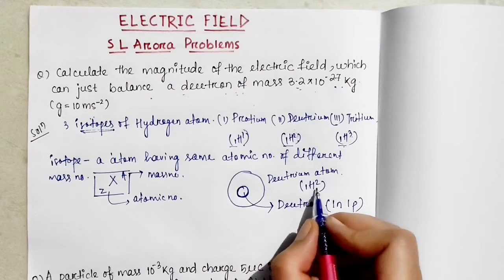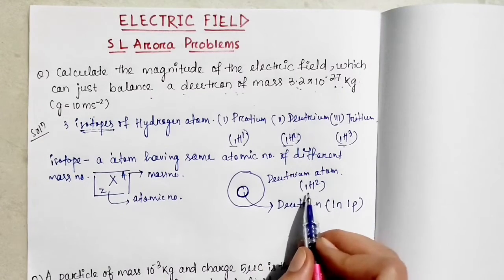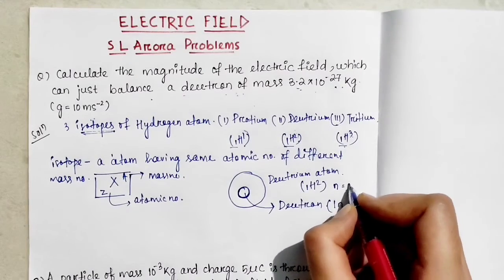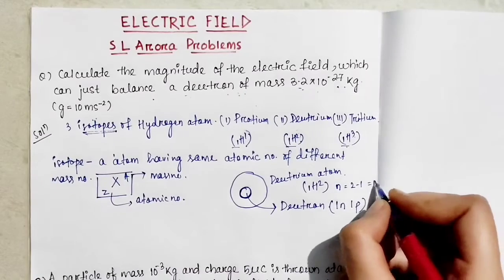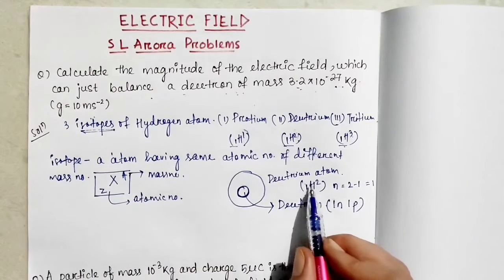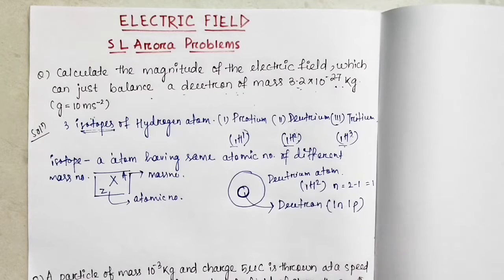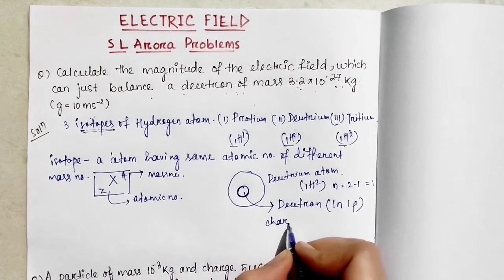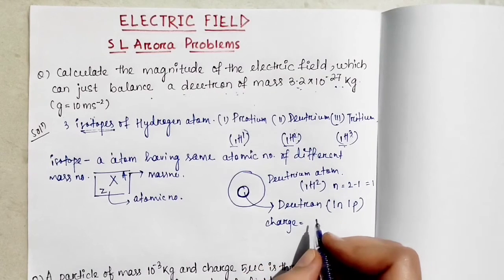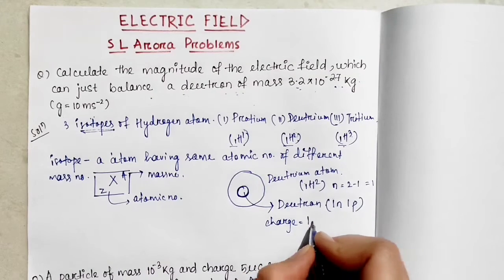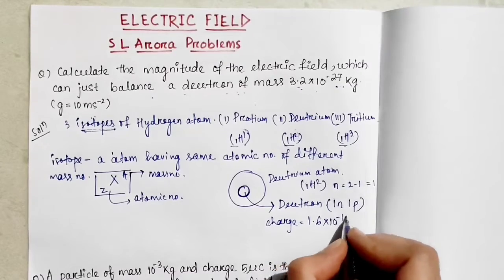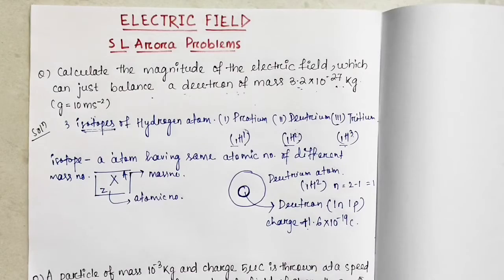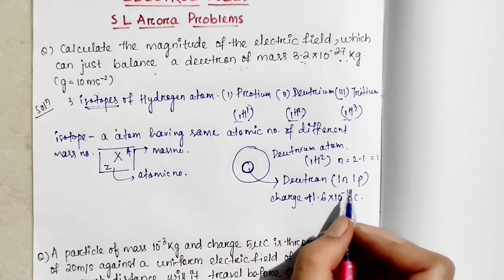As you can see from its symbol, the neutron number is n = 2 − 1, that is 1, and it has 1 proton and 1 electron also. Its charge is similar to a proton's, 1.6 × 10^-19 coulomb, and it is positive. So this is all about the deuteron.